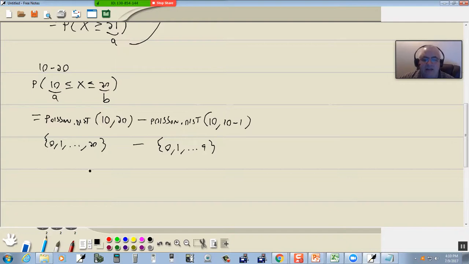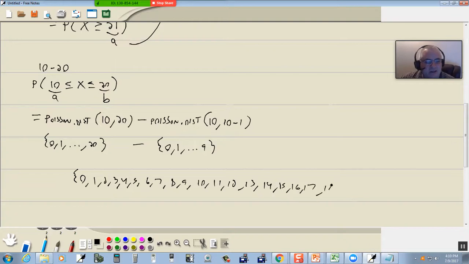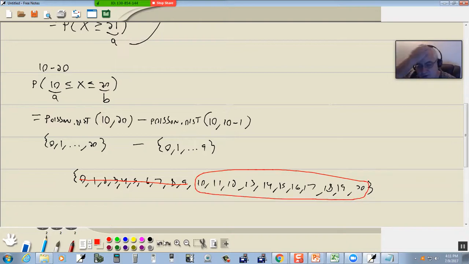If I think of this as listing all the possibilities, 0, 1, 2, 3, 4, 5, 6, 7, 8, 9, 10, 11, 12, 13, 14, 15, 16, 17, 18, 19, and 20, and subtract off 0 through 9, you can see that leaves me 10 through 20. And that's what I had to think through in that previous problem.